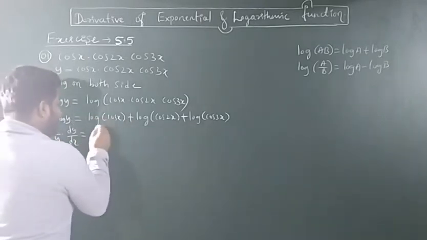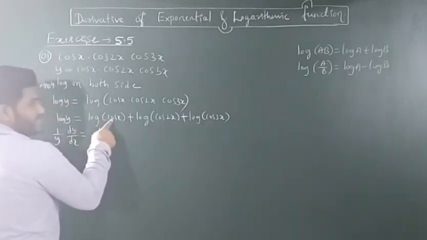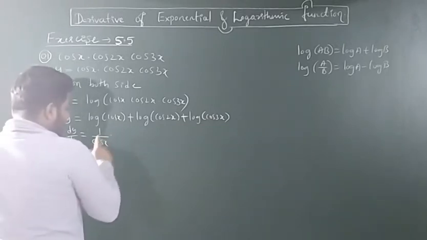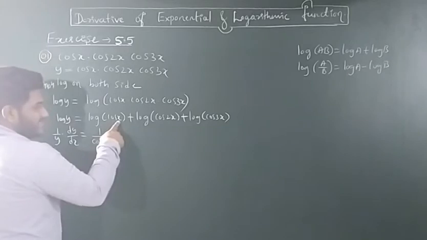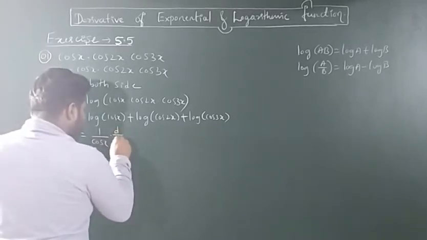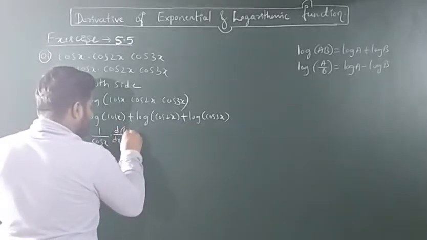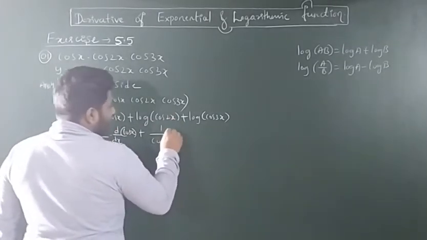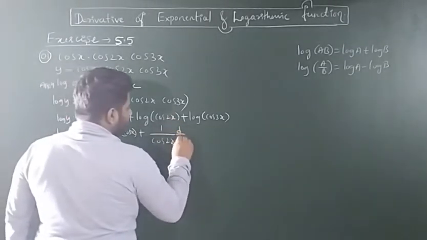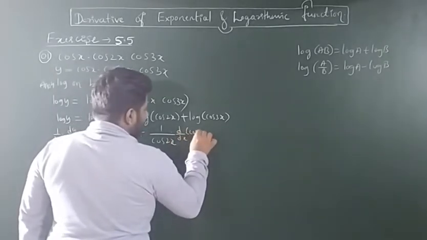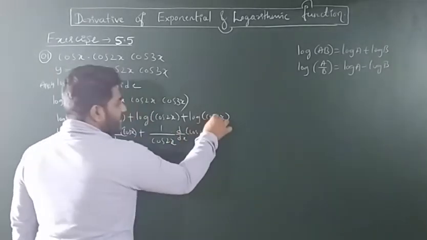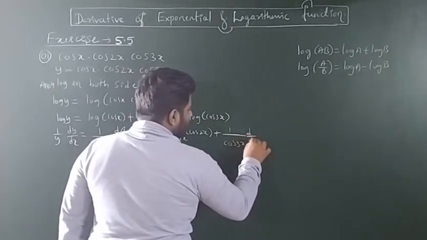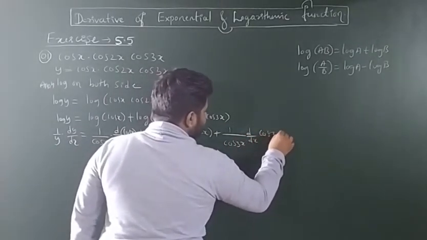So log x differentiation is 1 by x, but in place of x we have cos x, so again we should take d by dx of cos x also. Similarly here 1 divided by cos 2x into differentiation of cos 2x, plus 1 divided by cos 3x into differentiation of cos 3x.